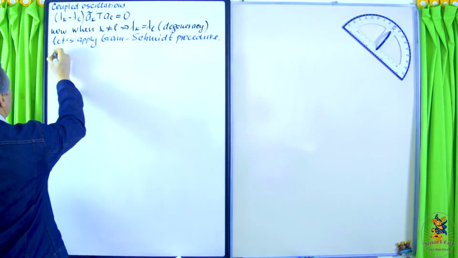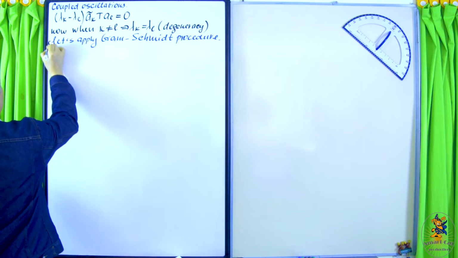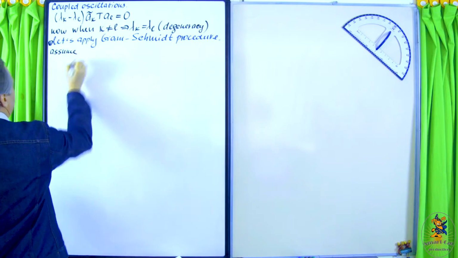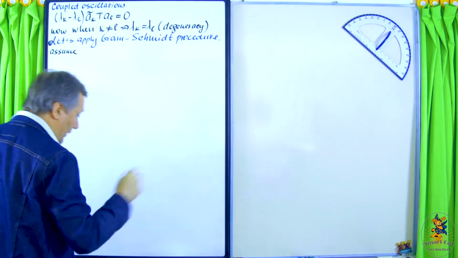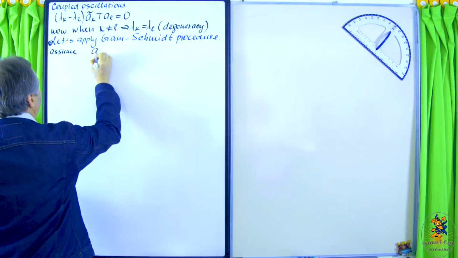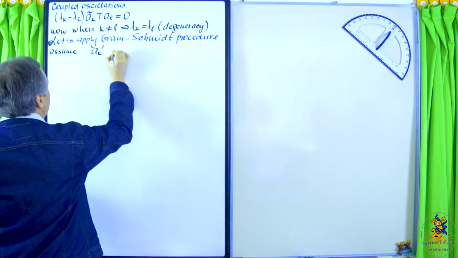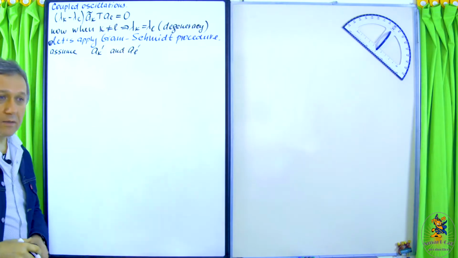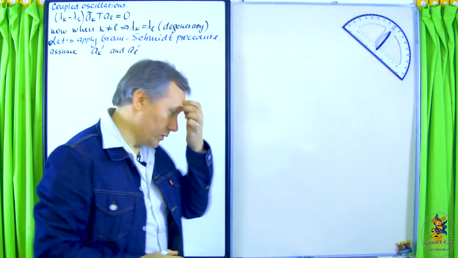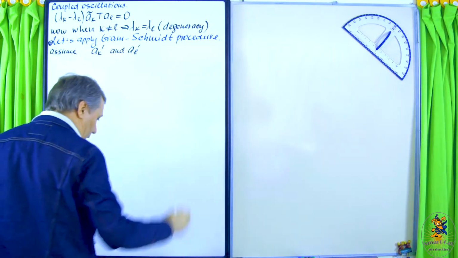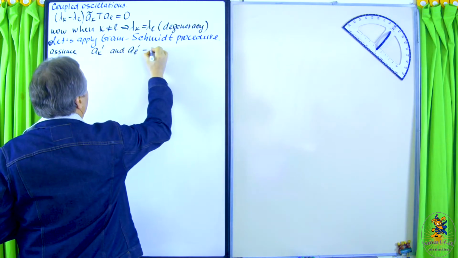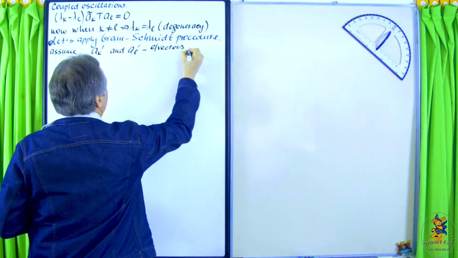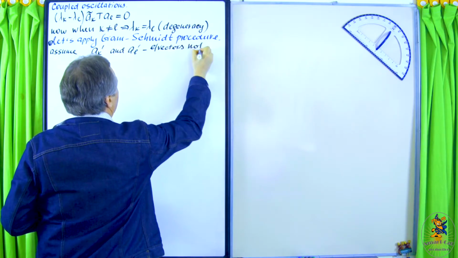Let me put here a new bullet. Now let's assume that we got two eigenvectors, A k prime and A l prime, and they are not orthogonal to each other.